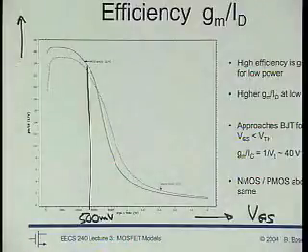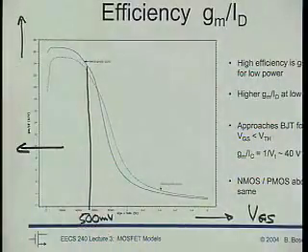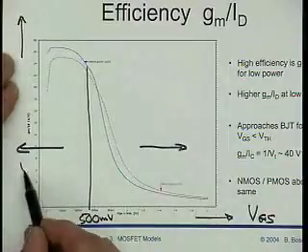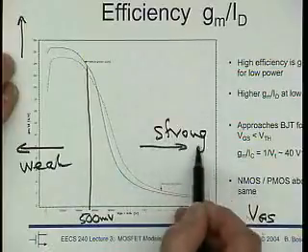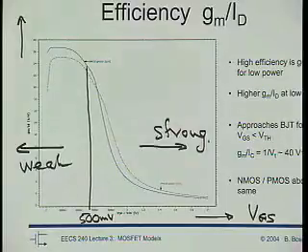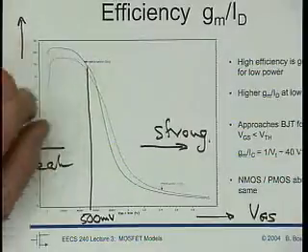That's about my threshold voltage. So what region of operation am I in here? Well, this is weak, and this is strong inversion. Right? So if I want efficiency, and who doesn't want efficiency, I want to be somewhere here, right?